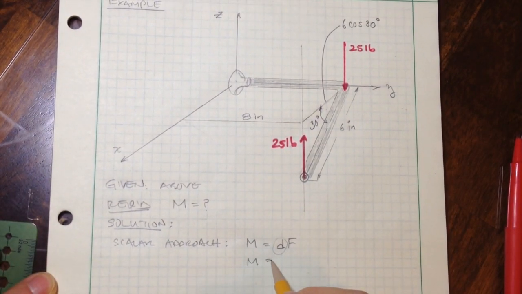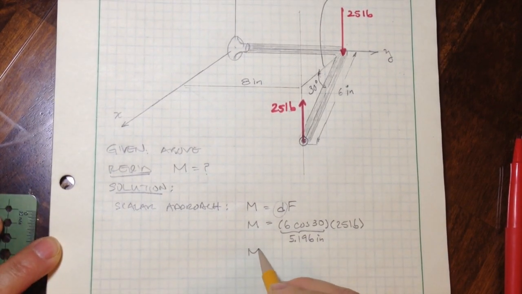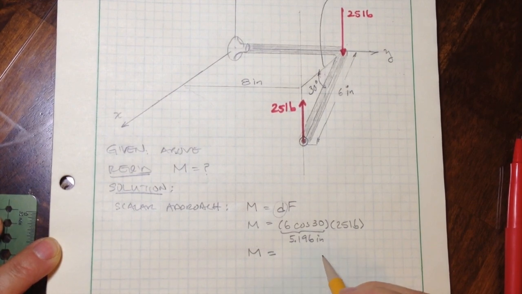Therefore, the moment is 6 cos 30 times 25 pounds. And this would give us a value of 5.196 inches. So our couple moment is equal to 129.9 pound-inch.